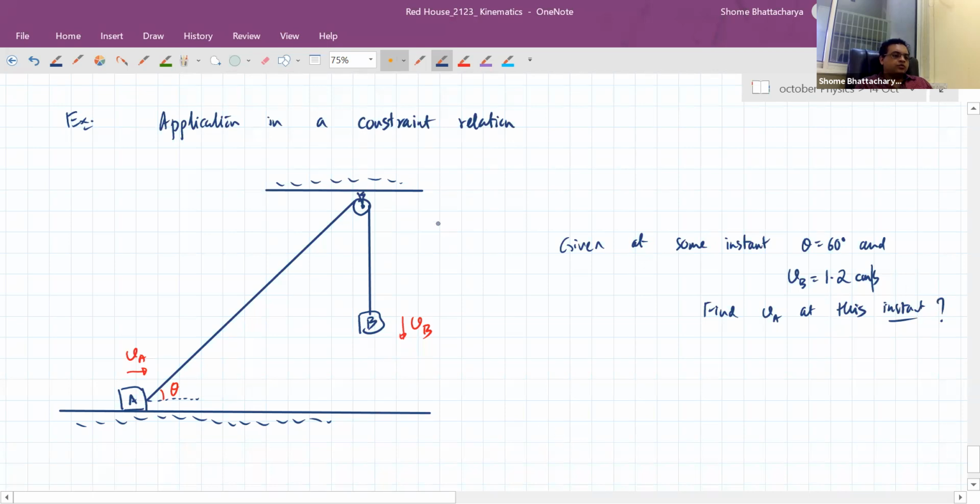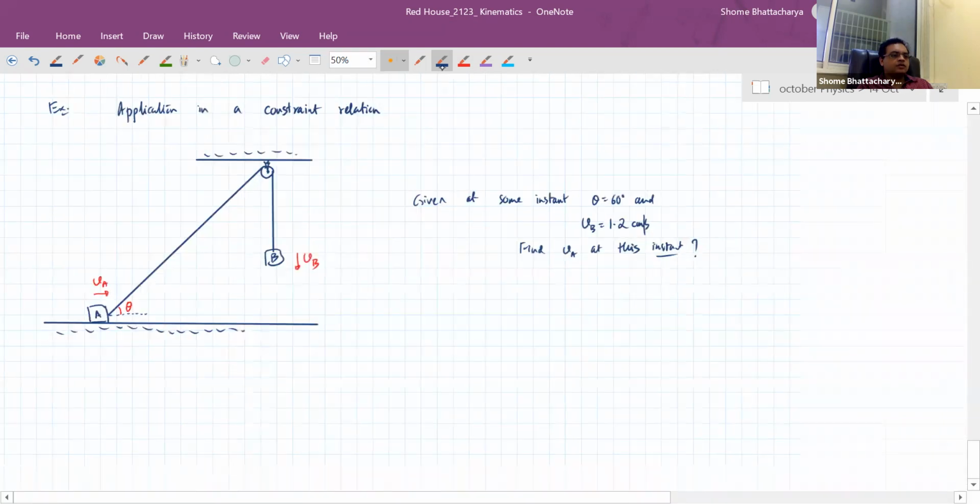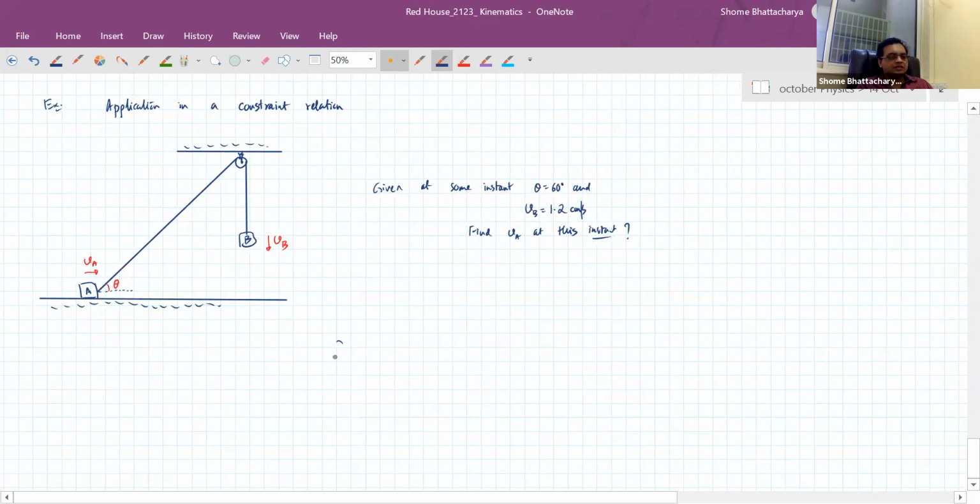I'm sure you would have seen questions like this in Newton's law exercises with constraint relation. Now, instead of using calculus and differentiation, we will use a different approach of relative approach and separation velocity. Here we will use the same constraint that we used earlier also, that the thread length is conserved, is constant.